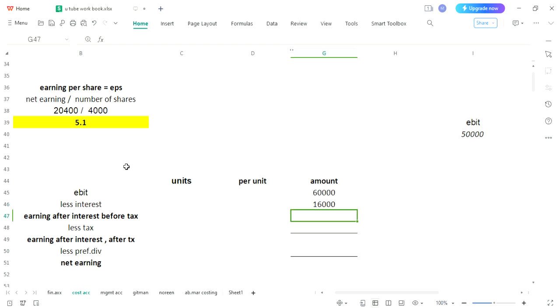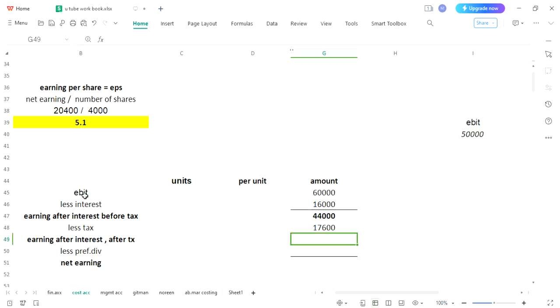So we have got our amount of interest, and then earning after interest can be calculated by subtracting this interest from EBIT. 60,000 was EBIT and you need to subtract the amount of interest. So here we have got earning after interest. Tax would be calculated on the previous income, which is 44,000, multiplied by 40 divided by 100. In this way your tax has been calculated.